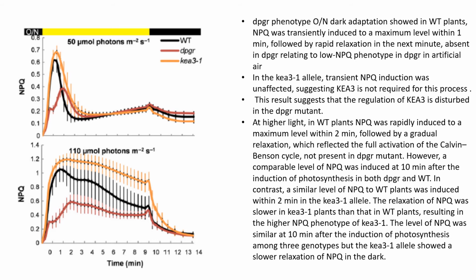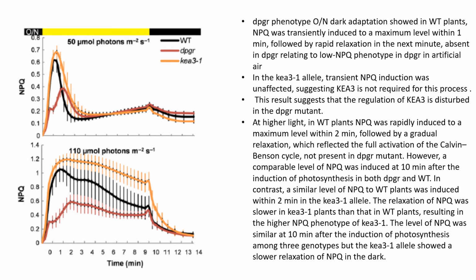When higher light intensity of up to 110 micro-Einsteins was provided, in wild-type plants there was a rapid induction to a maximum level within the first 2 minutes, and the relaxation was much more gradual as compared to the lower intensity light of 50 micro-Einsteins that was provided initially.